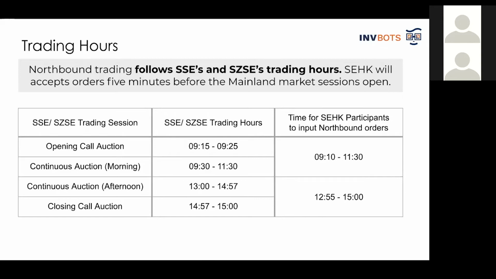The main difference is that the morning session is shorter than the Hong Kong market, only 2 hours of trading, and the closing call auction is also 1 hour earlier than the Hong Kong market.